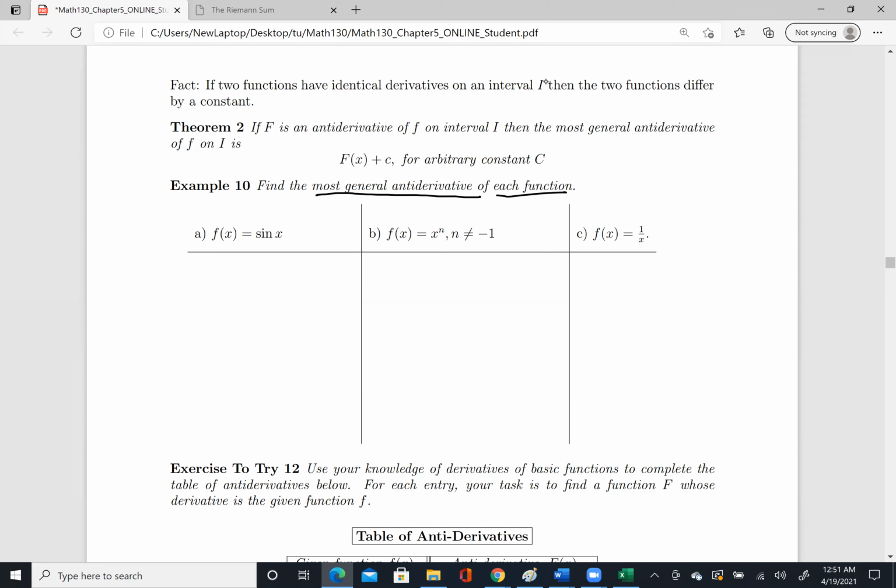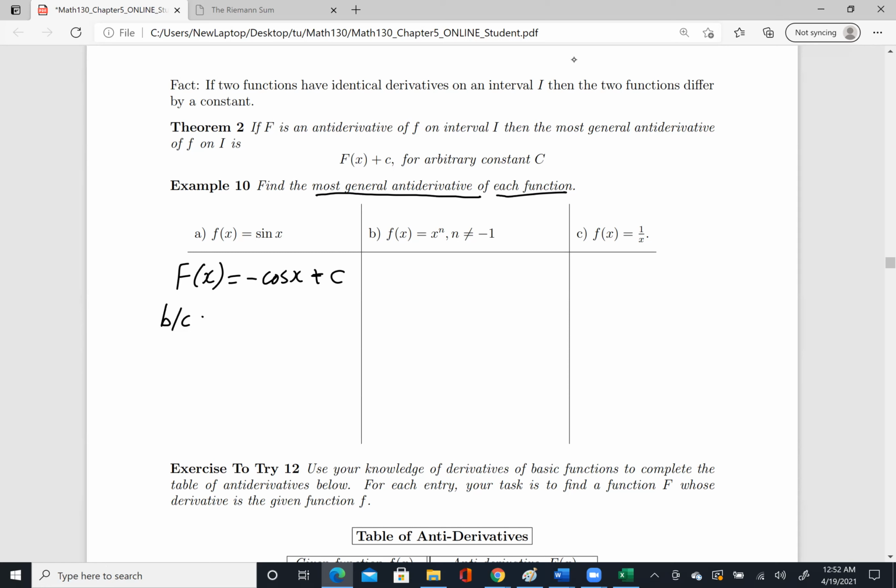For part A, if f(x) equals sine of x, then the antiderivative has to have the term negative cosine of x, and you can add a constant to make it general, right?